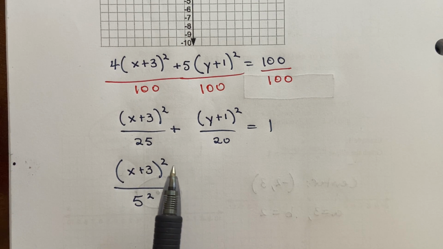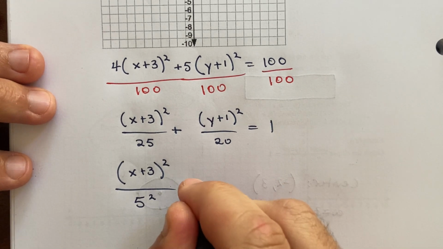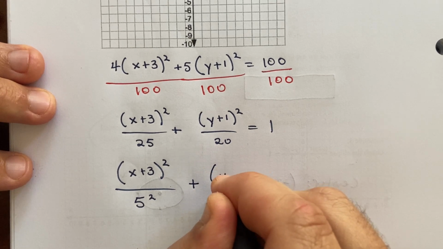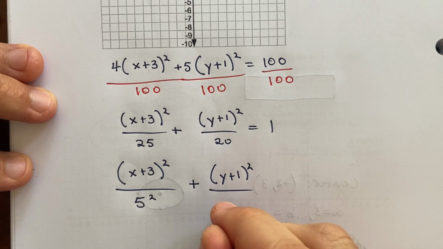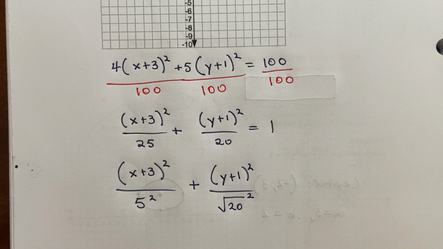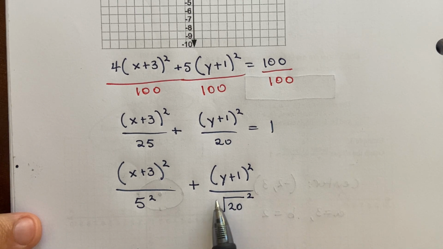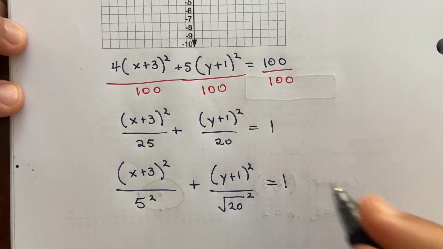A is not necessarily the one that comes first, it's the one associated with x. Plus (y plus 1) squared over the square root of 20 squared. This is the same as the number 20, and that's telling me that b is actually the square root of 20. This is all equal to 1.